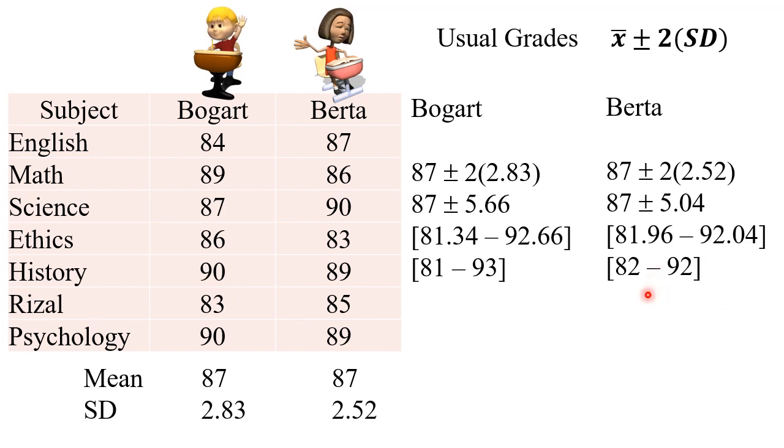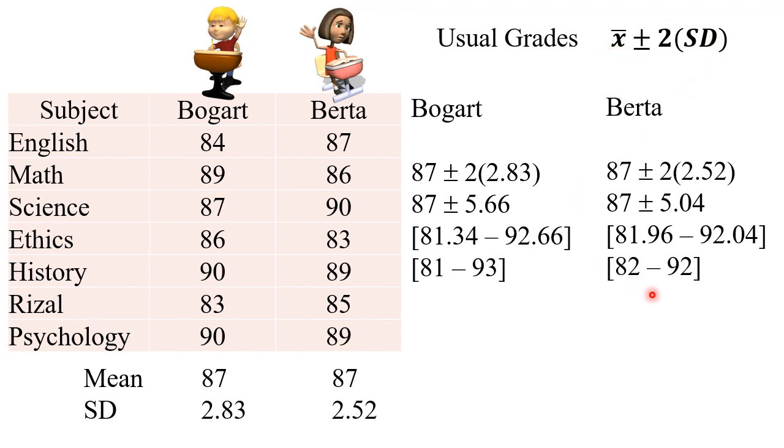Any grade that is less than 82 or greater than 92 is unusual for Berta. So that will be about 5% lang. If it happens, the chance that it will happen is 5%. Because remember, in the earlier slides, class, the usual values, the mean plus and minus 2 standard deviations, encompass the middle 95%.